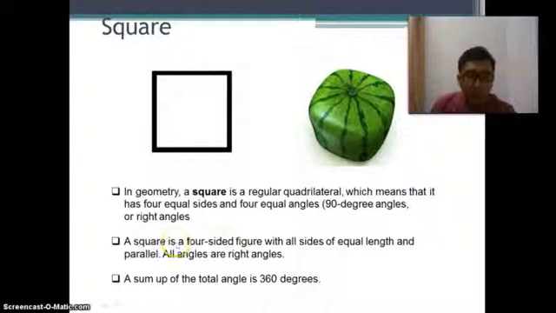A square is a 4-sided figure with all sides of equal length and parallel. All angles are right angles, which is this is parallel to this and this is parallel to this, and all the sides have equal length, which is, let's say this has 4 cm and this will have the same length, which is 4 cm.